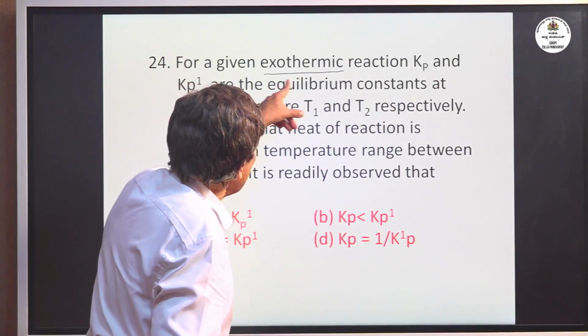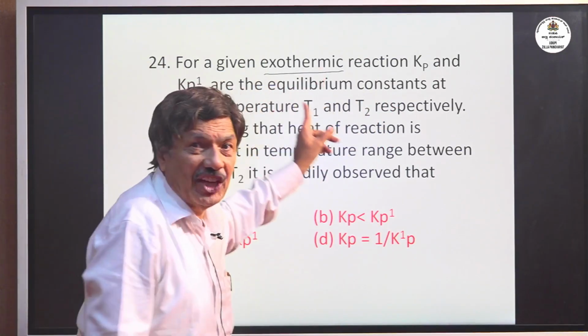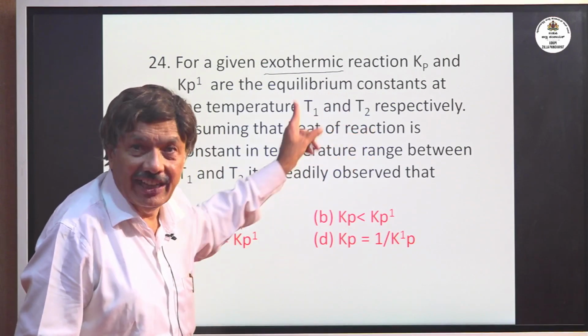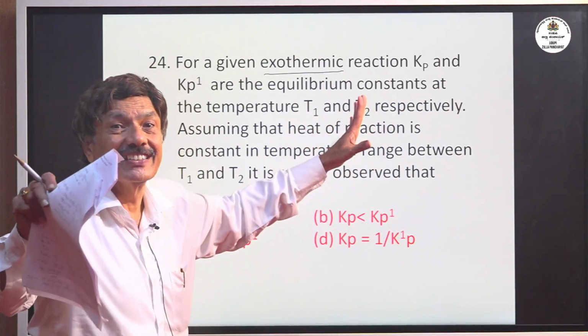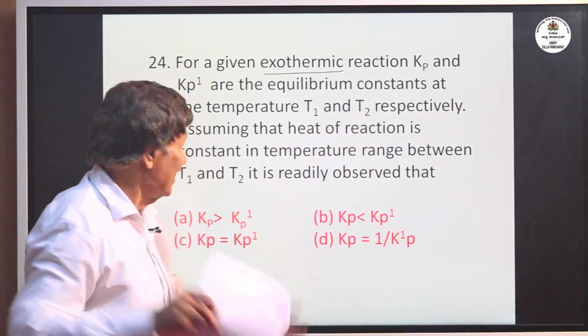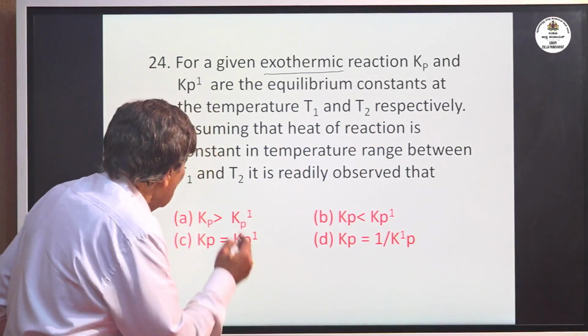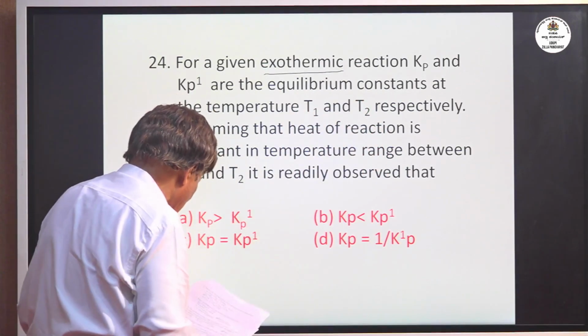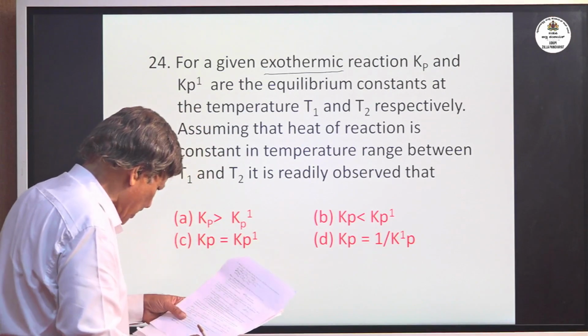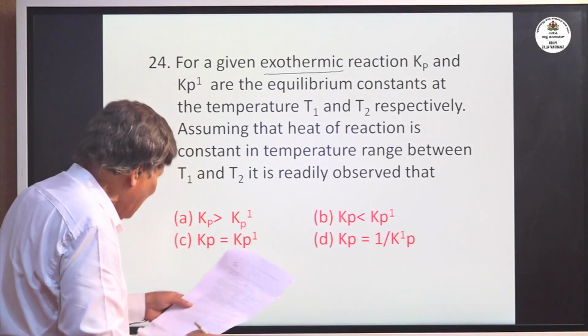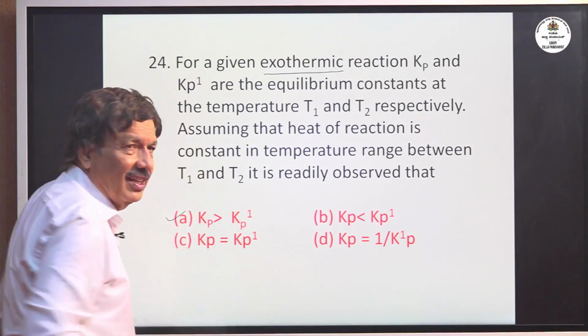Since it is exothermic, if you assume that T2 is more than T1, as the temperature increases, the equilibrium constant decreases. So the new equilibrium constant should be less than the initial equilibrium constant. Option E. You understood it?